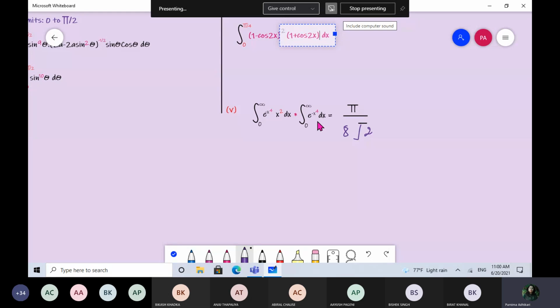What type of integral does this seem to be like? Gamma function. Yes, exactly. Gamma function, right? Similar to the gamma function.